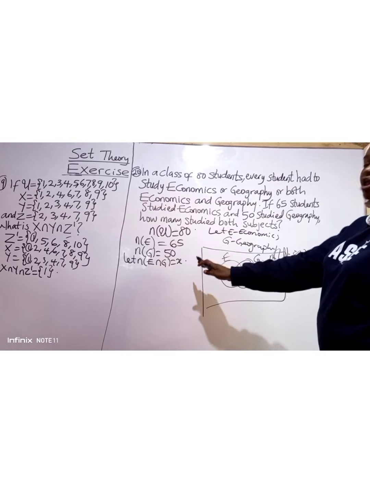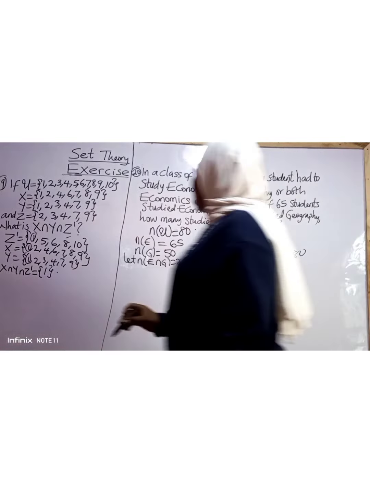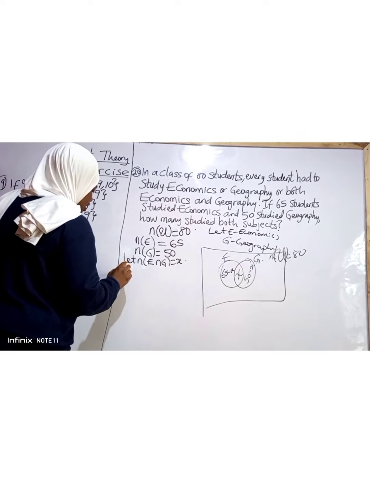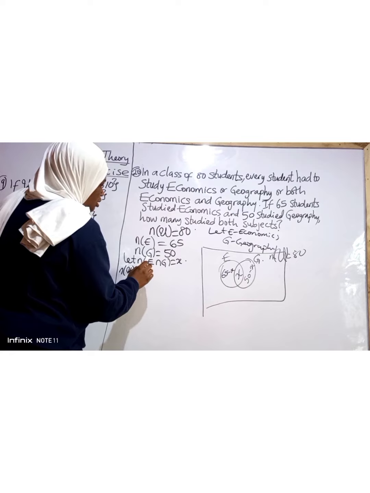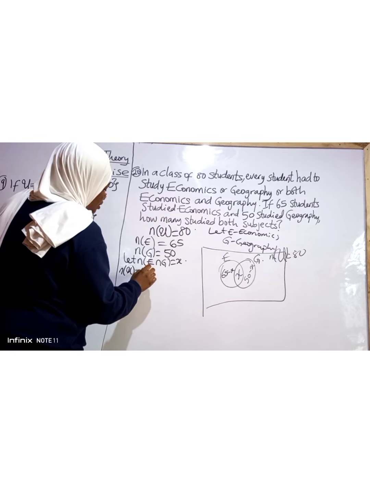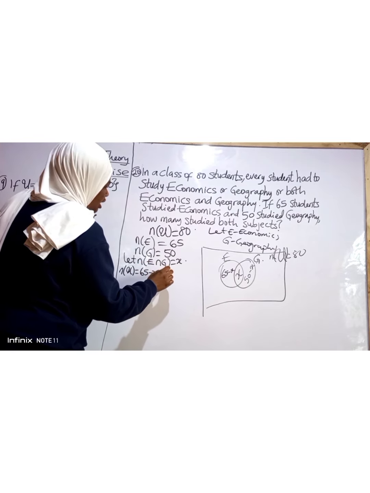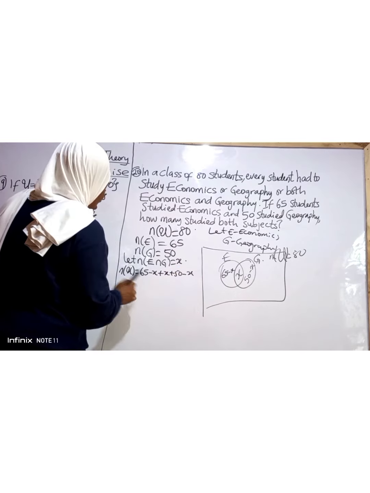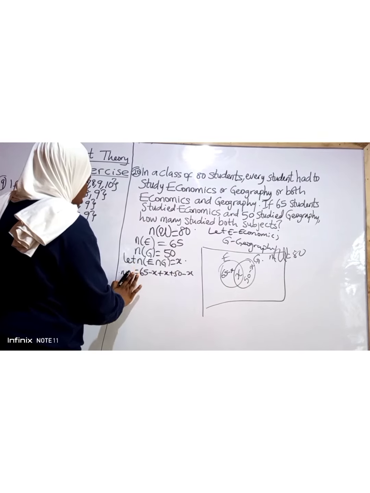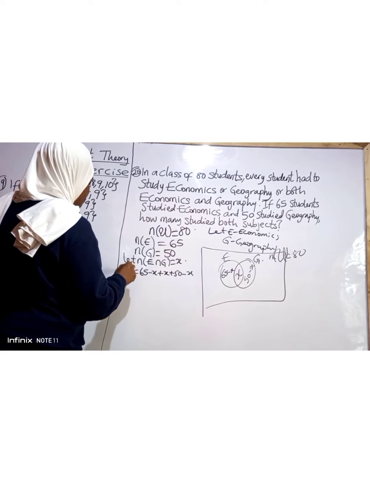Now, the cardinality of the universal set will be 65 minus x plus x plus 50 minus x, and the cardinality of the universal set is equal to 80.